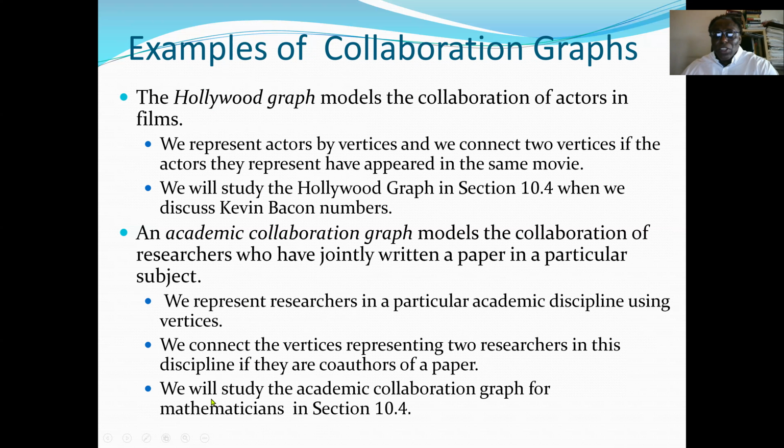Also, we can connect the vertices representing two researchers in this discipline if they are co-authors of a book. We'll study the academic collaboration graph for mathematicians in section 10.4.